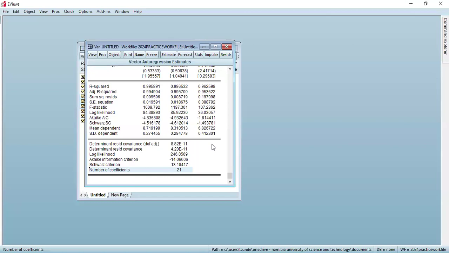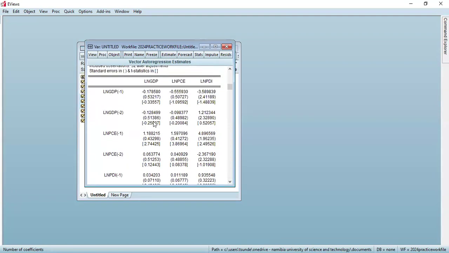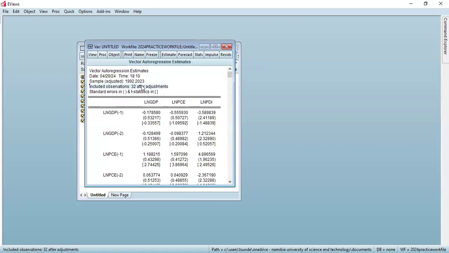You cannot estimate that model. In this case, we are able to estimate this model because the number of observations after adjusting for degrees of freedom is greater than the number of coefficients in our vector autoregression model. So the number of coefficients is 21, but we have 32 observations after adjusting for the degrees of freedom.